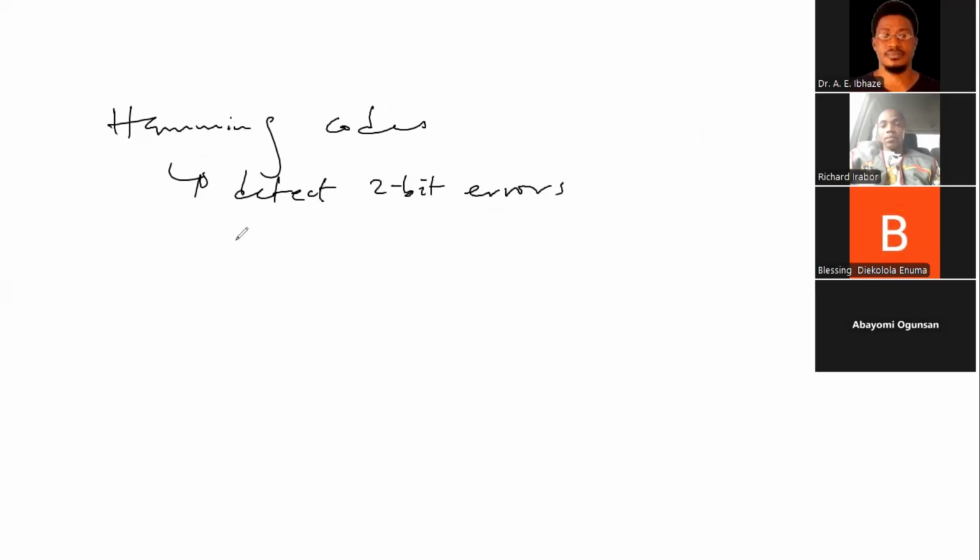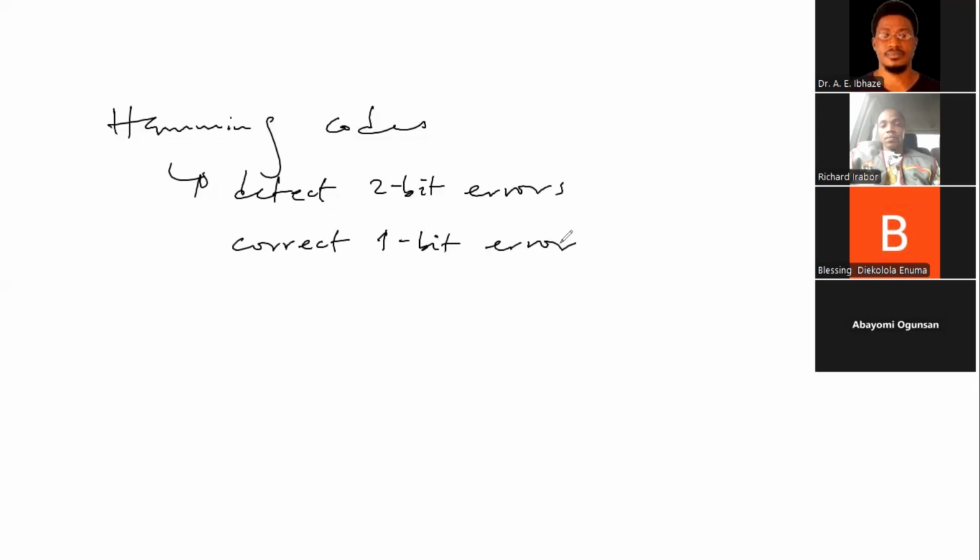So when we talk about the Hamming codes, they are suitable for literally detecting 2 bit errors, and then they correct 1 bit error. Okay.